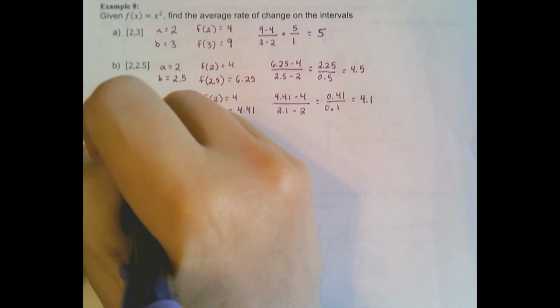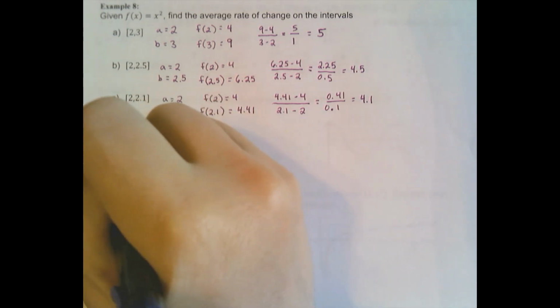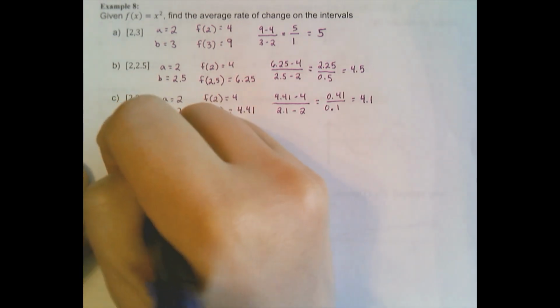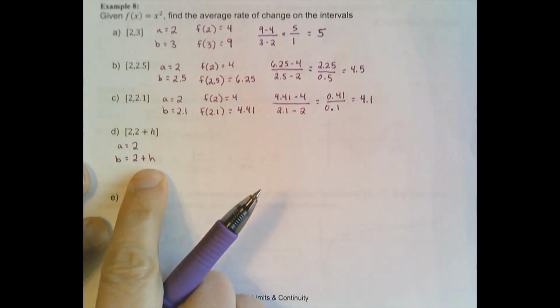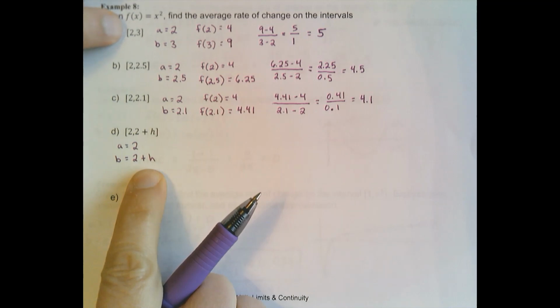So in this case, our a value is 2, and our b has a variable in it, 2 plus h. What this h represents is how wide the interval is. In the case of 2 to 3, we had an h value of 1. In B, we had an h value of 0.5. And in C, we had an h value of 0.1.